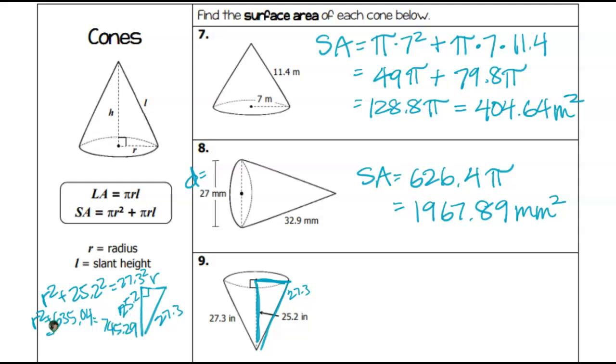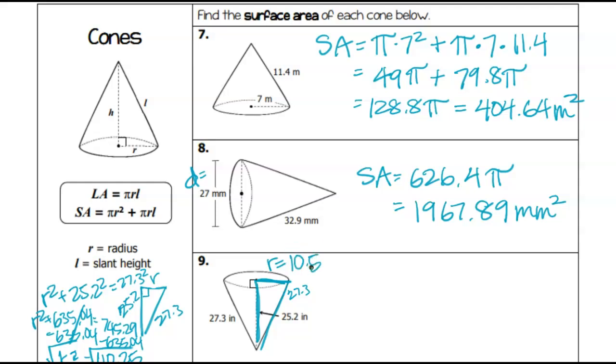All right, I'm going to subtract here. And I get r squared is equal to 110.25, and then finally when I take the square root of 110.25, which is 10.5. So I got my r is 10.5.